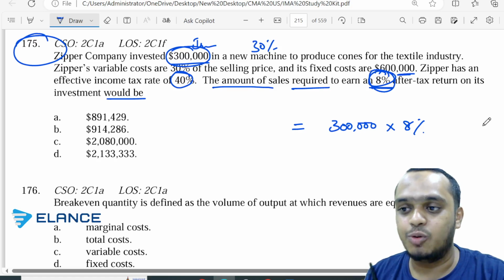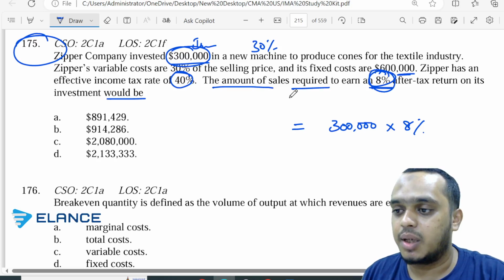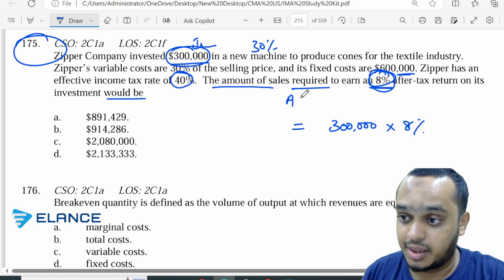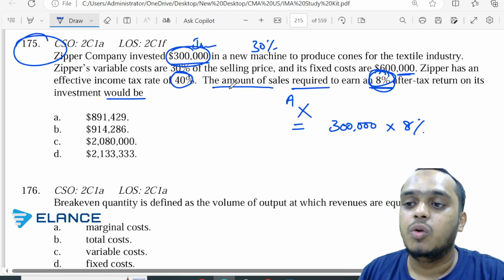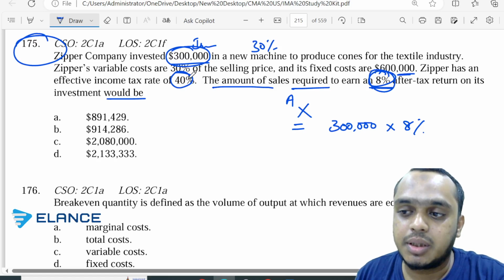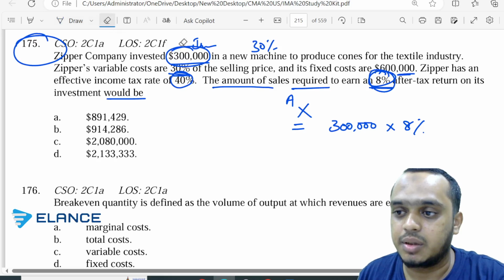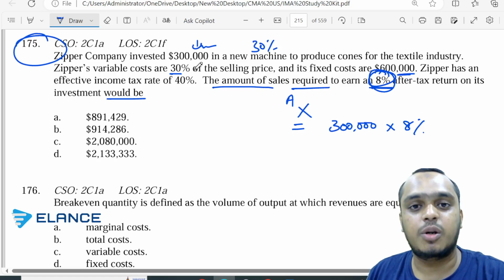The selling price I don't have. So what I can do is I can make my sales as something, A, or I'll just take it as X, that would be best. So my variable cost is 30%. I hope you guys are able to see it, that my variable cost is 30%. So my contribution will be what?